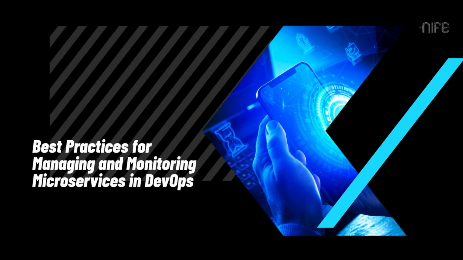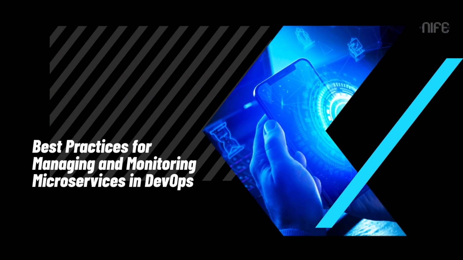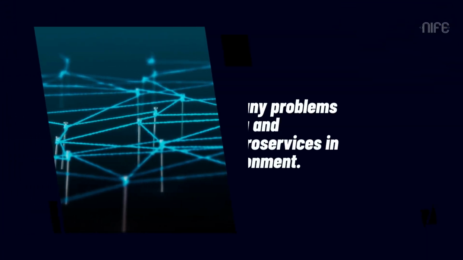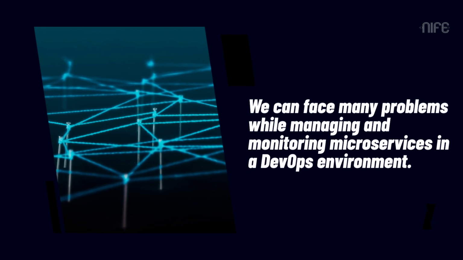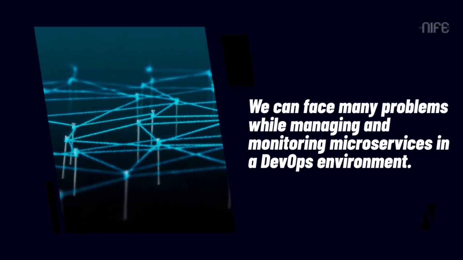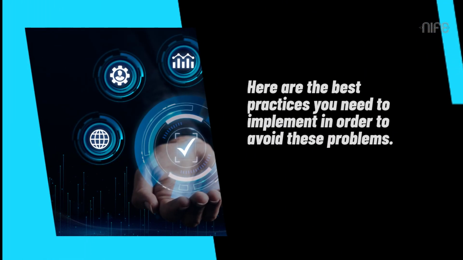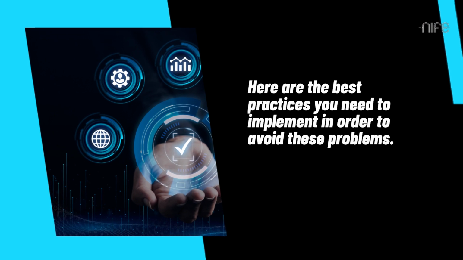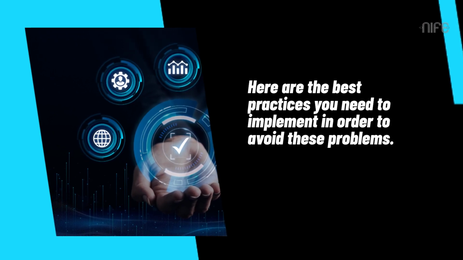Best practices for managing and monitoring microservices in DevOps. We can face many problems while managing and monitoring microservices in a DevOps environment. Here are the best practices you need to implement in order to avoid these problems.